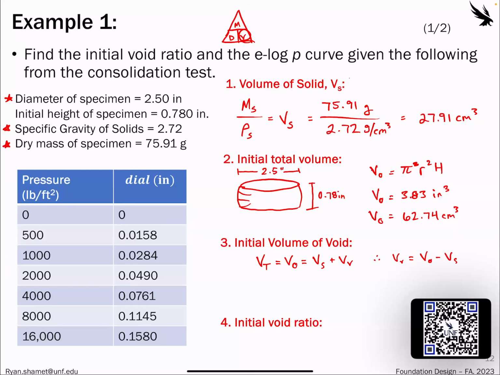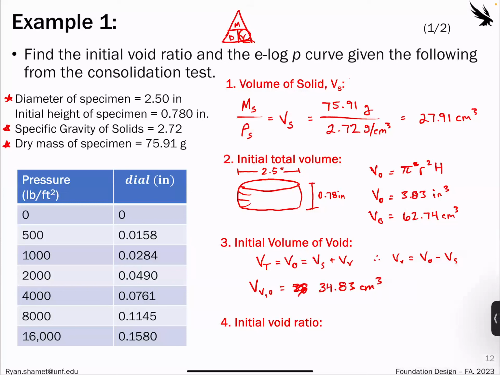Pretty straightforward: our initial volume of voids, with subscript 0 for the initial state, is going to be 62.74 minus 27.91, or 34.83 cubic centimeters.